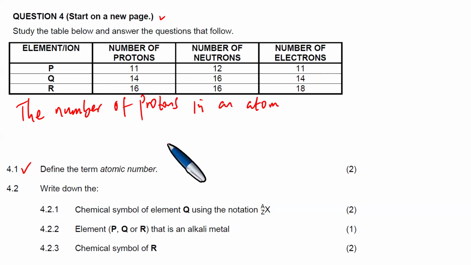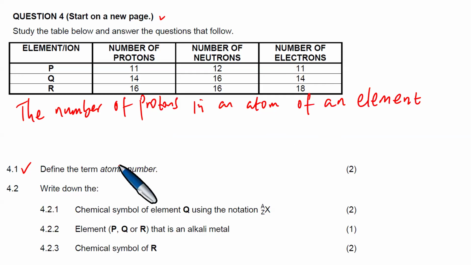The number of protons in an atom of an element, right? So the atomic number refers to the number of protons in an atom of an element.